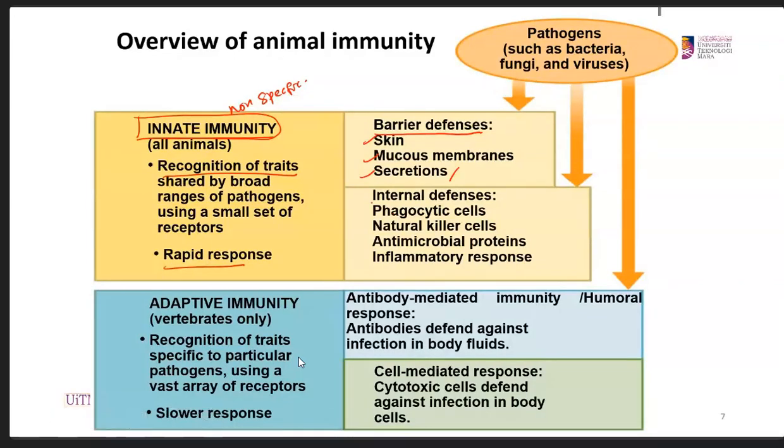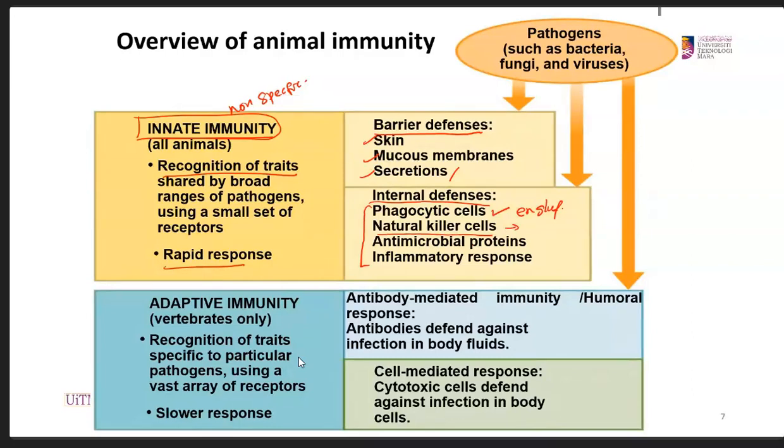Okay, and then internal defense. Internal defense ada 4. There are 4 types. Phagocytic cells are white blood cells that can engulf any pathogen that it encounters. Natural killer cells destroy infected body cells, exposing the pathogen to macrophage, and then macrophage will engulf the exposed pathogen.